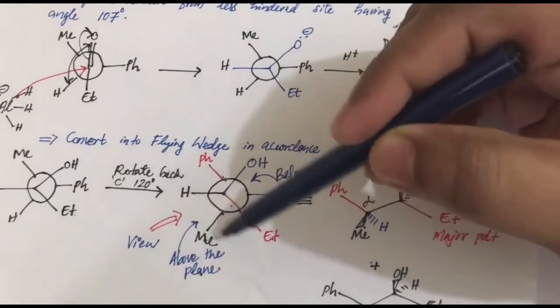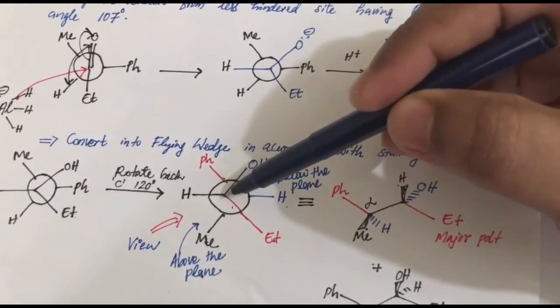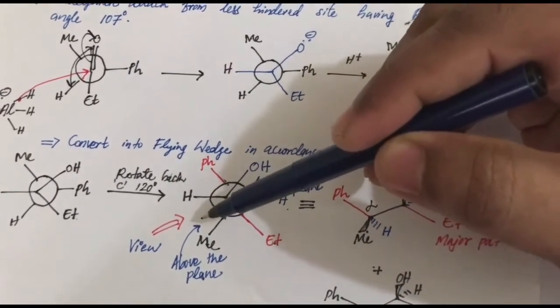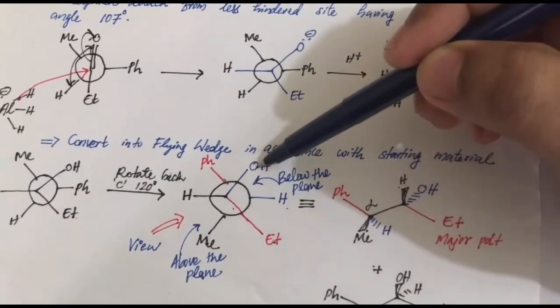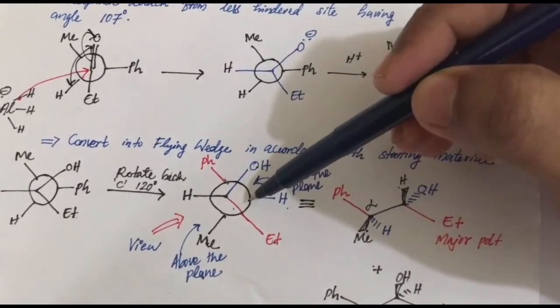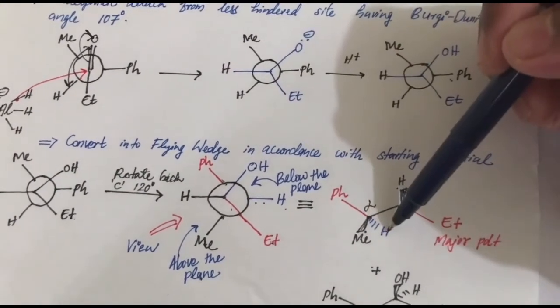Why? Because we are observing from that side. Then OH on the front carbon should be in dash, because that is the position opposite to our observation. OH in dash, and H below the back carbon should be in dash. Clear?